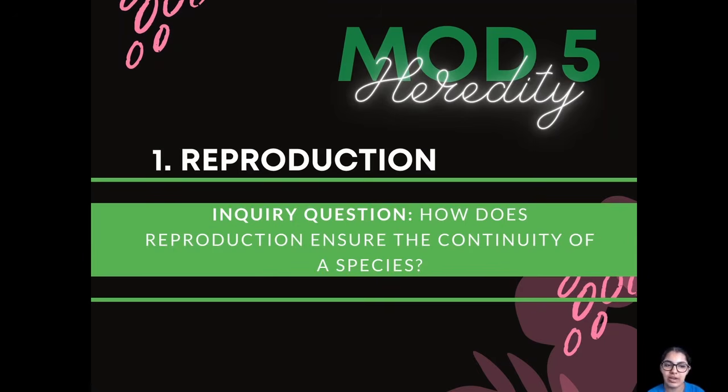With every dot point, for example reproduction and then genetic variation and so on, they give you an inquiry question, and essentially your aim should be to go through all the points that are listed underneath the syllabus, get all the information, and then once you are done, come back to answer this inquiry question.